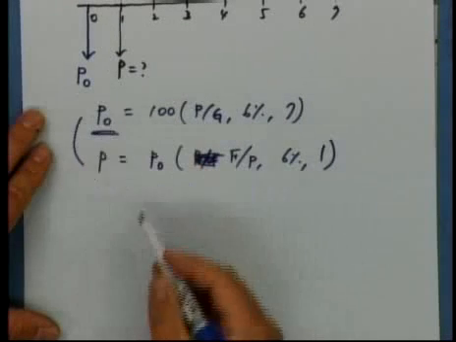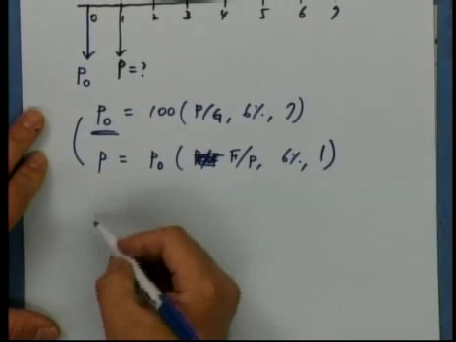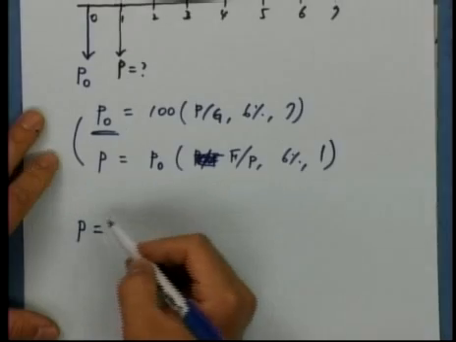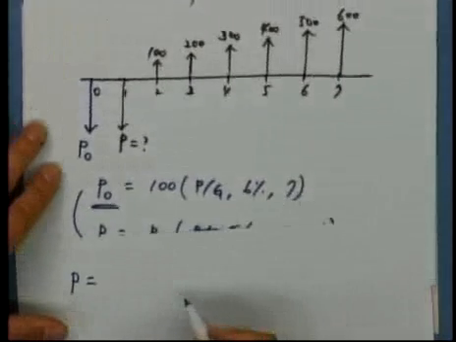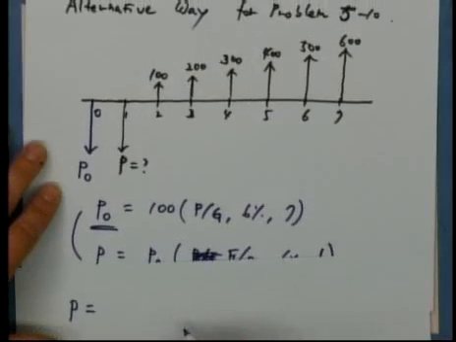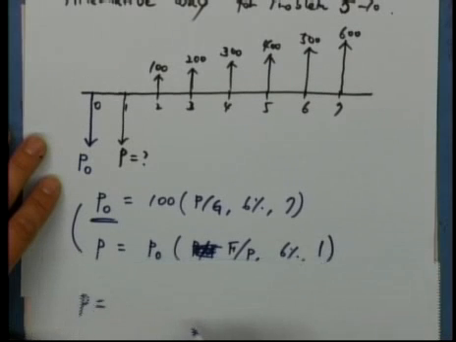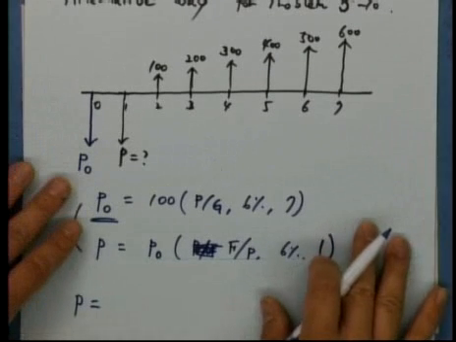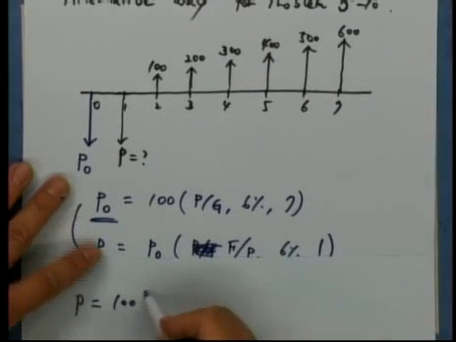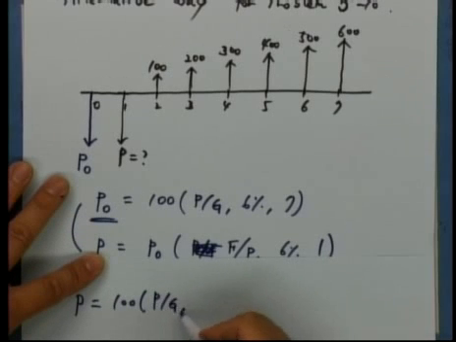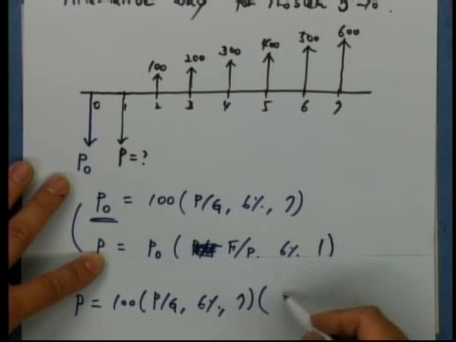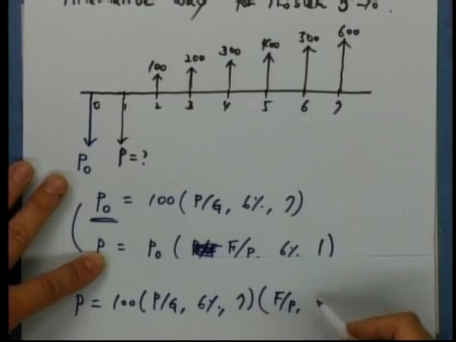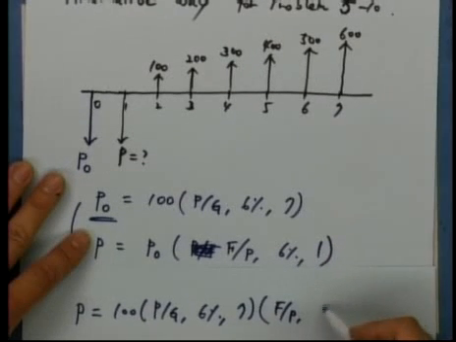Of course, if you want to combine these two procedures, then P is equal to $100 times P given G, 6% over 7 periods times F given P, 6% over 1 period, right?